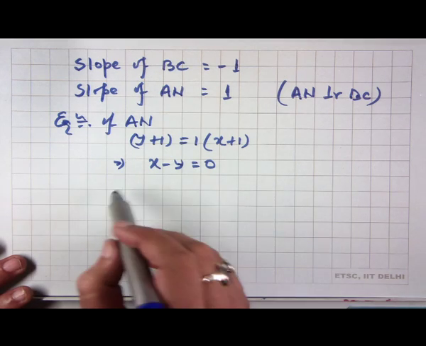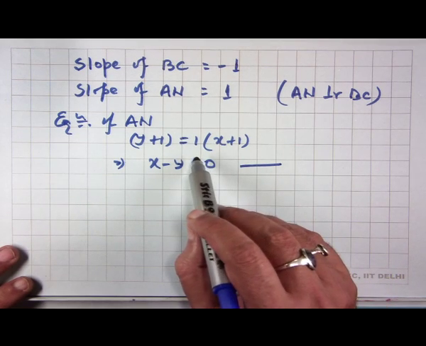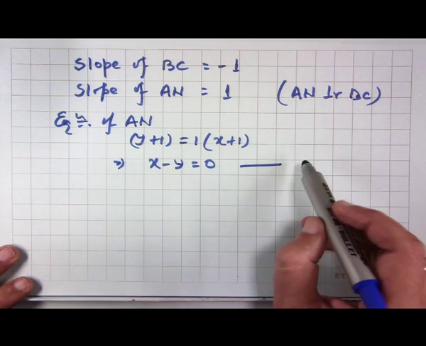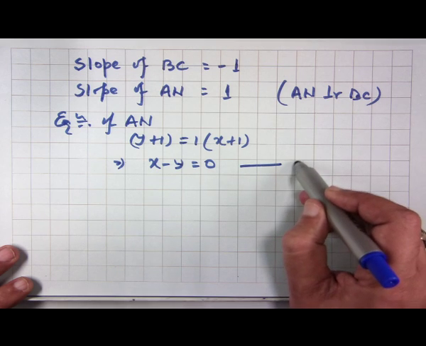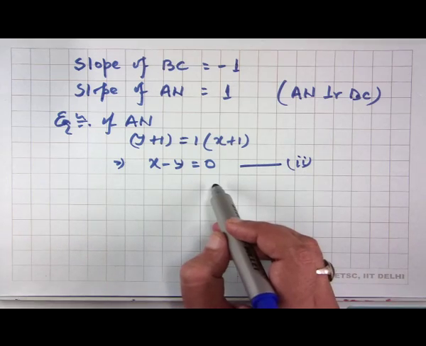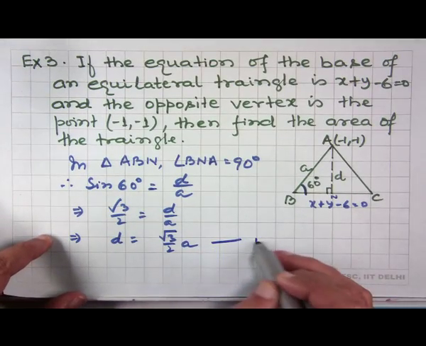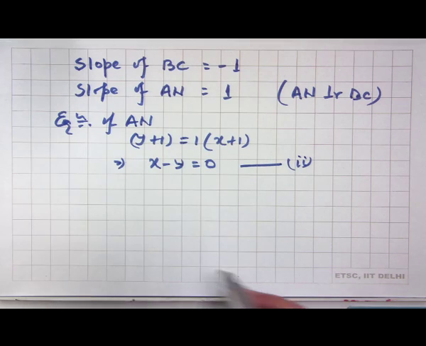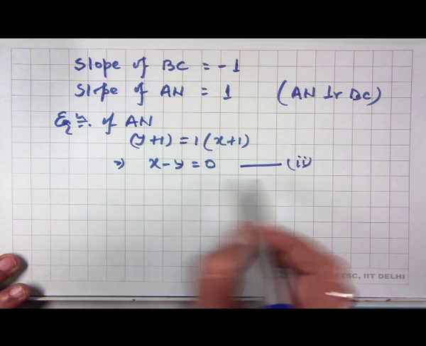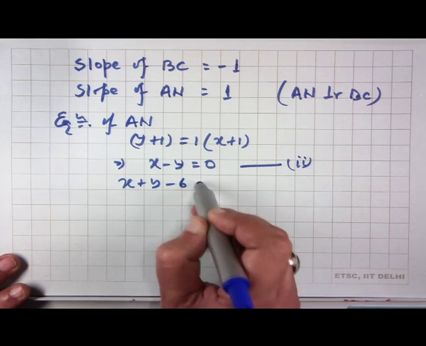So this is equation 2, x minus y equal to 0, and D equal to root 3 by 2 A is equation 1. And solve this equation 2 with the given equation x plus y minus 6 equal to 0.